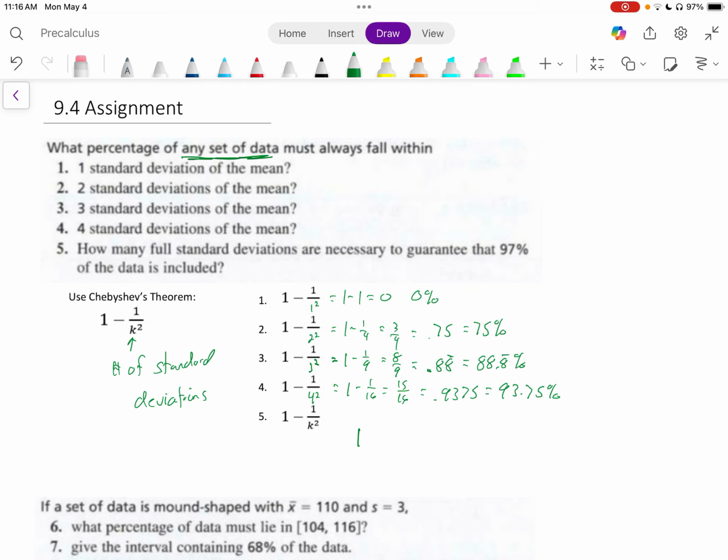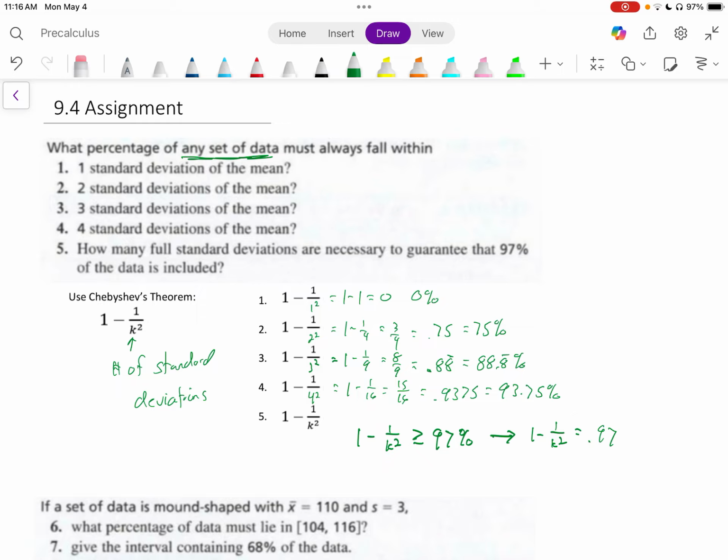So we want 1 minus 1 over k squared to be greater than or equal to 97%, which is really 0.97. And so we can do 1 minus 1 over k squared equals 0.97.